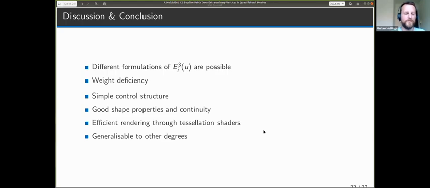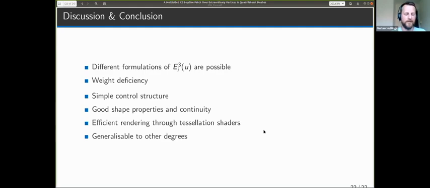So there are many different choices for this. One point that we would like to fix in the future is the weight deficiency. How can we construct these functions such that the weight deficiency is minimized, and still get nice shape? But all in all, this multi-sided B-spline patch is a very nice, simple control structure.